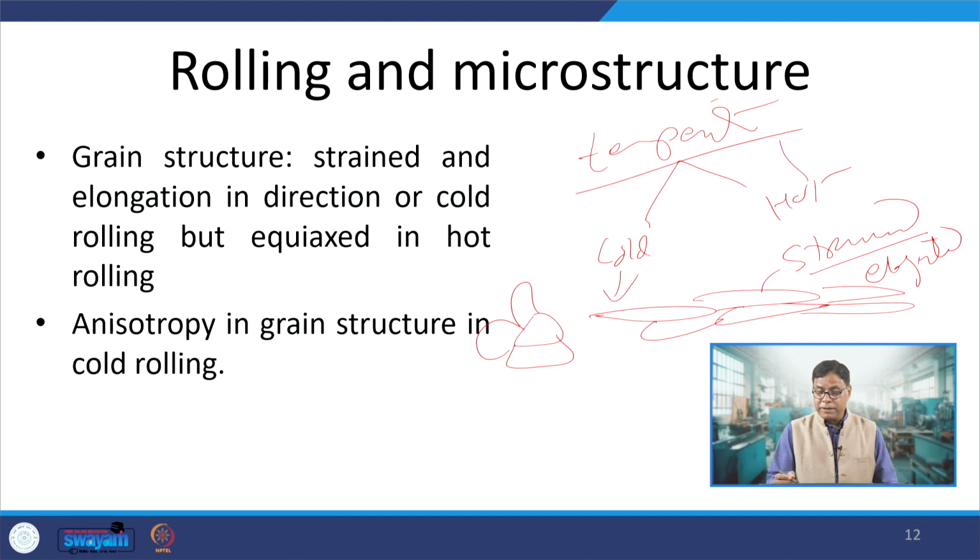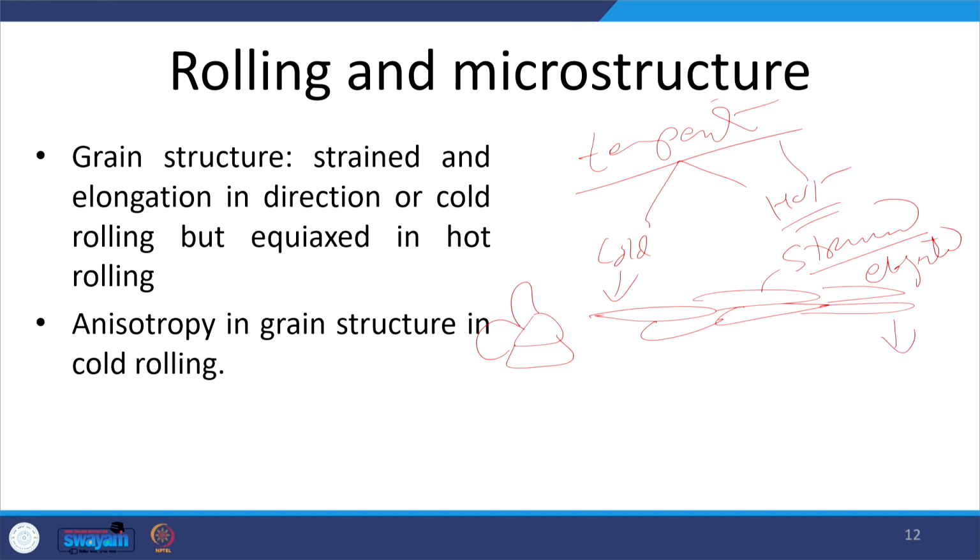But when the rolling is done at higher temperature conditions, certainly during the deformation things will get elongated, but thereafter due to the high temperature, recrystallization happens. In cold rolling there is no recrystallization, and maybe minor recovery can take place if the temperature increases, otherwise there may not be any recovery also. In hot rolling conditions, the material will get strained during the rolling, but due to the higher temperature the recrystallization will happen, and a new strain-free and equiaxed grain structure will be produced.